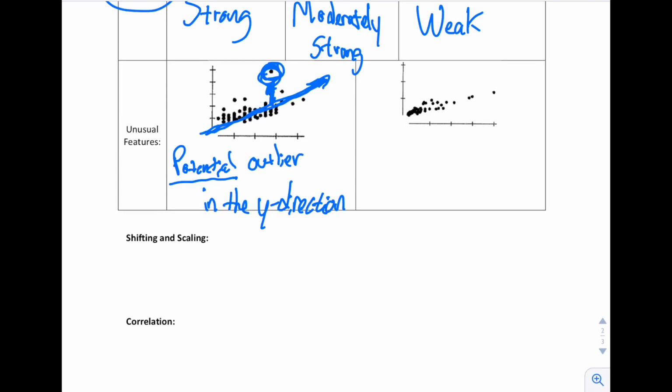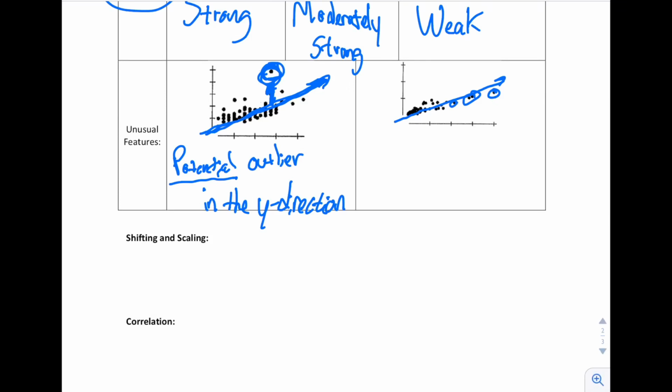Now the second graph over here, very similar to that first one. It's positive, linear, and I would say this is a pretty strong relationship. The only difference with this one is these weird points over here. This one for sure is weird, and maybe these guys, maybe this guy.